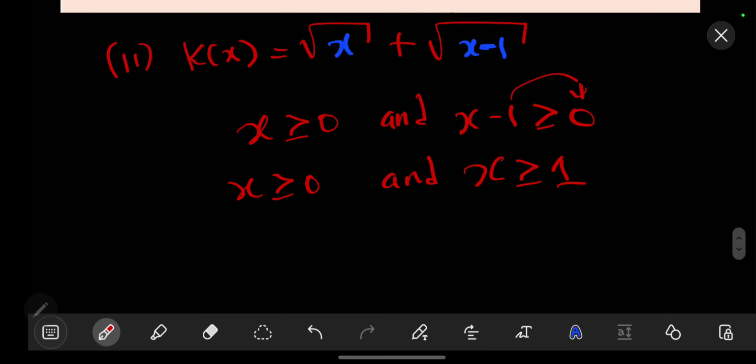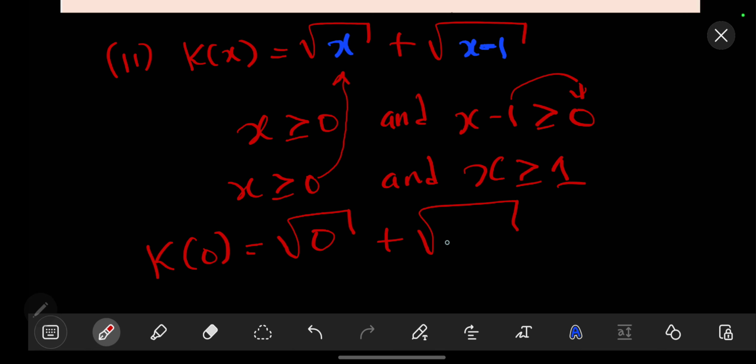So now, which one are you going to take? You are going to look at which one can favor the solution. Now we are saying that it should be greater than or equal to 0. It means, let's try 0 in the original equation. Let's say k of 0 should be equal to the square root of, where there is x we put 0, then plus the square root of 0 minus 1, like that.